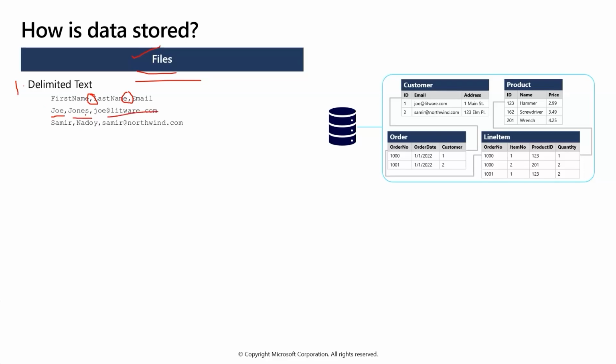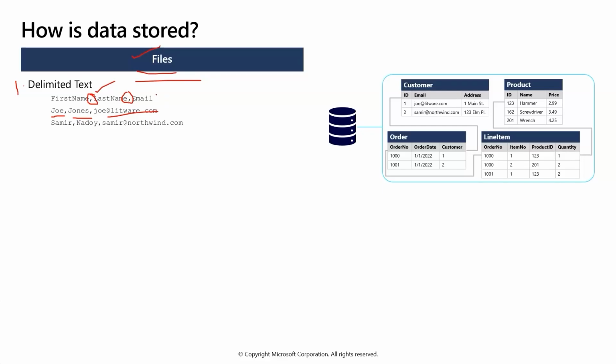You have name, last name, and email. But now the delimiter need not be restricted to just comma. You can have a lot of other delimiters as well: space delimited file, tab delimited file, colon delimited file. There are multiple characters or special characters that you can use to separate your columns. That is what your delimited text file looks like.